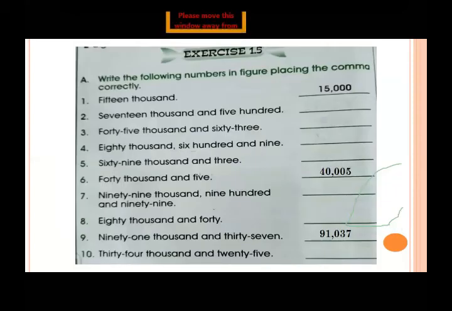Now open your books and also look at your screens. Exercise 1.5. First of all, listen to these instructions carefully. If there is space given in the book, like these underlines, then you do the complete exercise in your books using pencil.